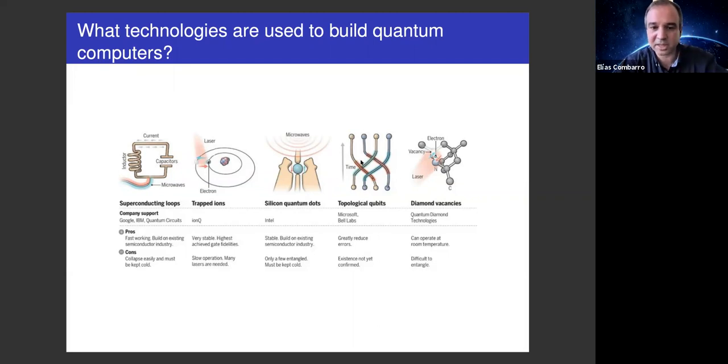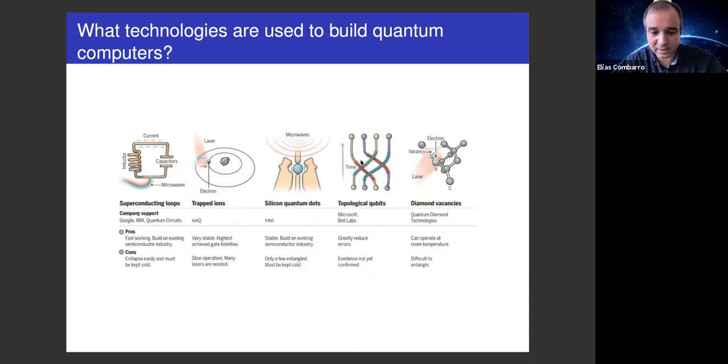Another technology that is not mentioned here that is also very promising is the one that uses photons in order to implement qubits. And in fact, you may have heard that back in November or December, some researchers from universities in China obtained also quantum advantage or quantum supremacy with a photonic computer. And the good thing about this technology is that it's quite easy to implement operations on individual qubits with photons and to store information in them.